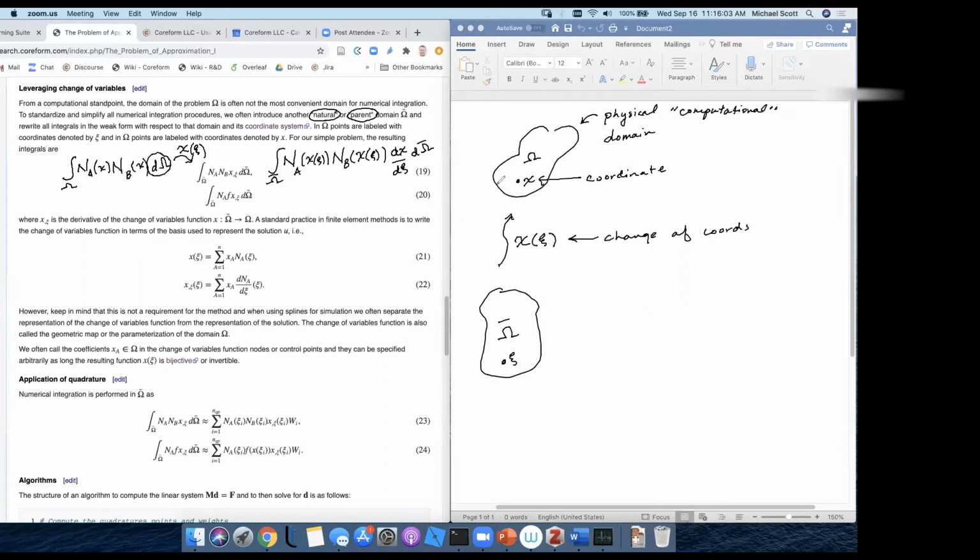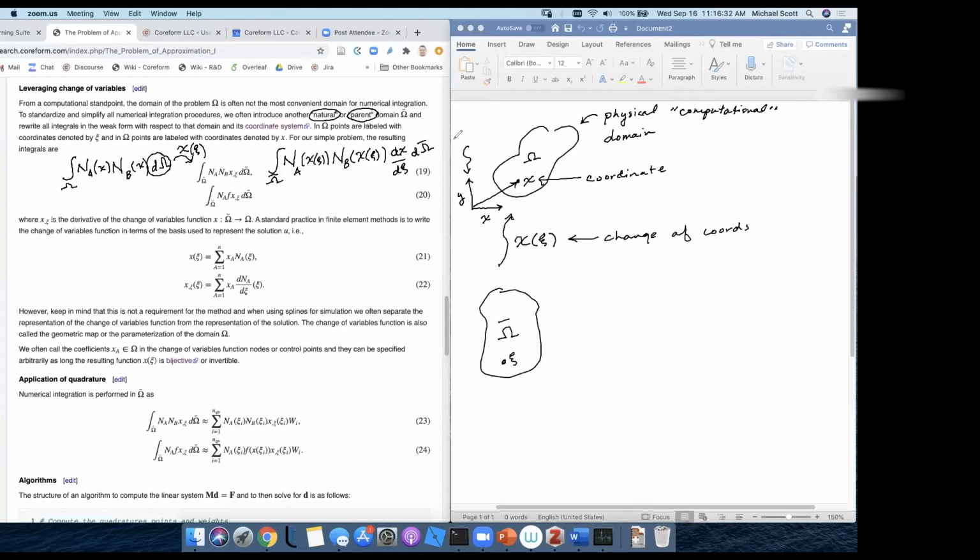Now these coordinates are measured with respect to some system. So we call it a coordinate system. So let's say there's a coordinate system that looks maybe like this, and we use these arrows to denote essentially the orientation of a basis for the space. In this case, we have kind of our canonical basis. And so x is measured with respect to this coordinate system.